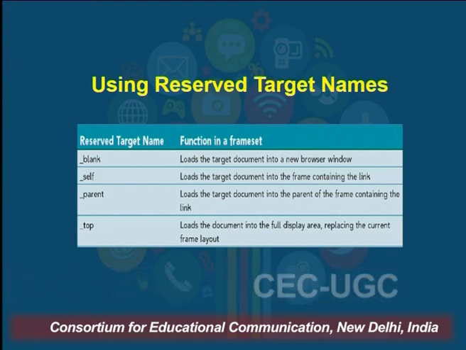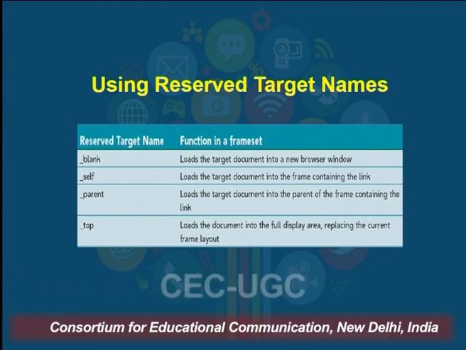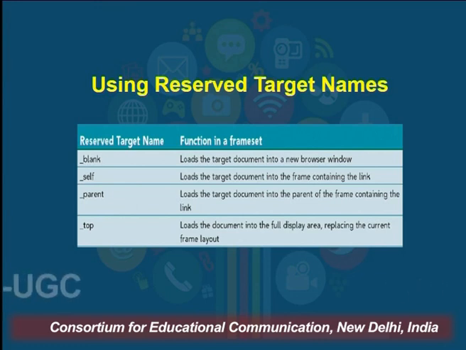Then you can give target is equal to underscore self. Underscore self means that the document will open in the frame which is containing the link. So the original file will be replaced by the linked file in the same frame, right. Then you can write target is equal to underscore parent.